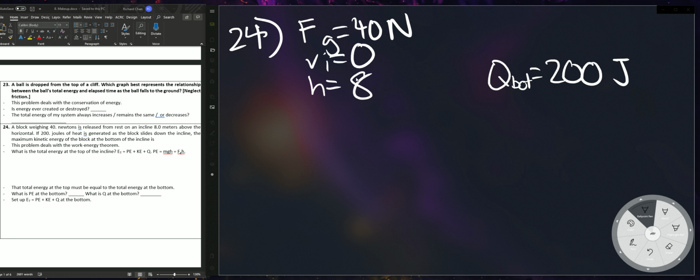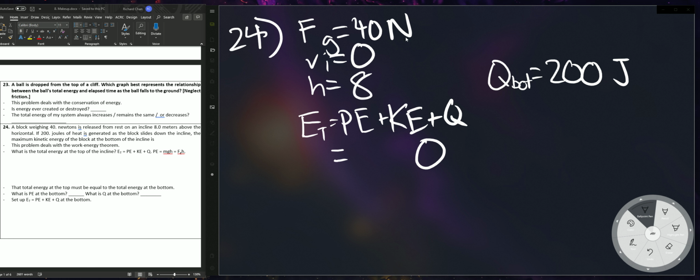So your total energy at the top of the incline is PE plus KE plus Q, right? And you want to solve for Q. You know that your kinetic energy at the top is 0, right? Because your initial velocity is 0, and we know KE is 1/2 mv squared. You know you haven't lost any energy yet, because you haven't moved anywhere.